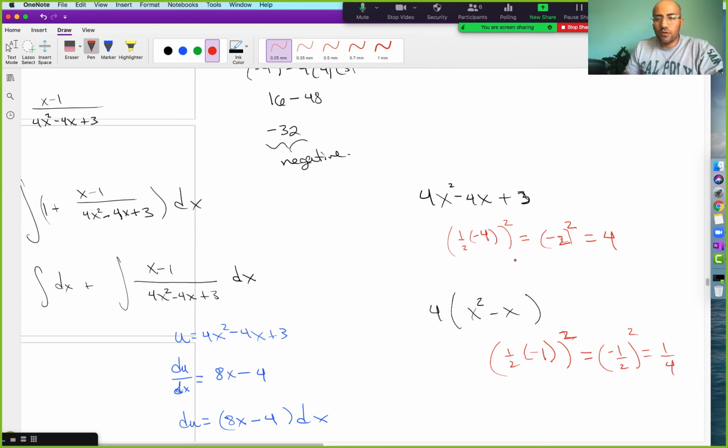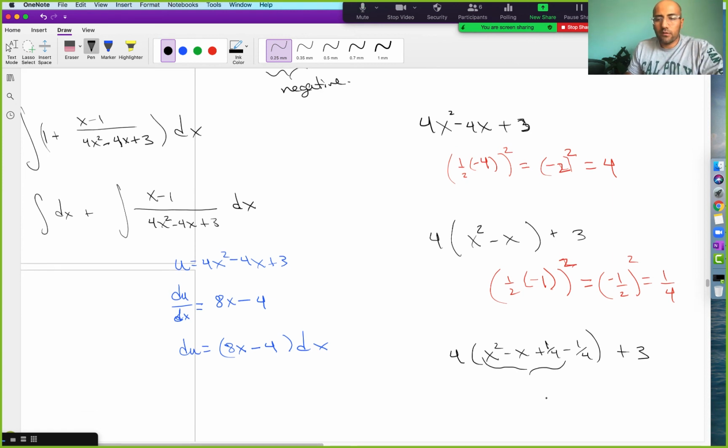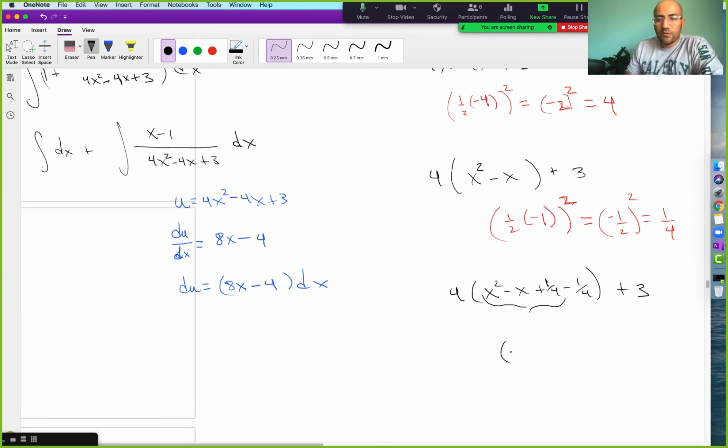Okay, so this has a plus 3 here, and we're going to have a 4 times parentheses x squared minus x plus 1/4 minus 1/4, plus 3. That guarantees that these two become a perfect square trinomial, which gives you an x minus 1/2 squared, right?